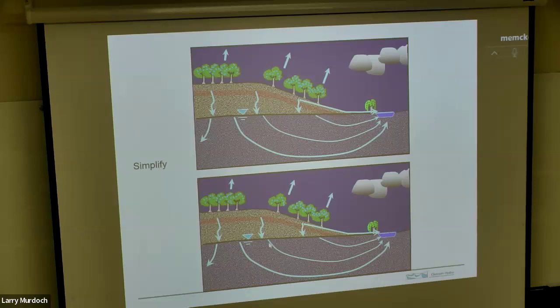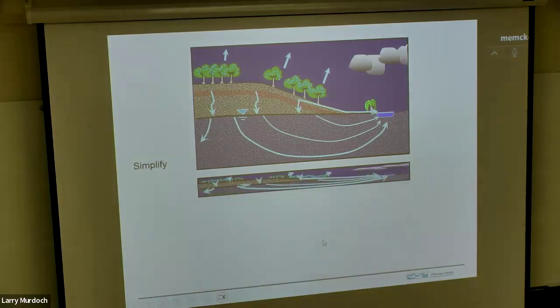So this has a lot of vertical exaggeration, and if we take out the vertical exaggeration, it looks actually more like that. But if I drew it like that, you can't really see what's going on. So that's why I did it. But if we're going to simulate it, we need to be cognizant of what reality is. And reality is that the groundwater is a thin layer.